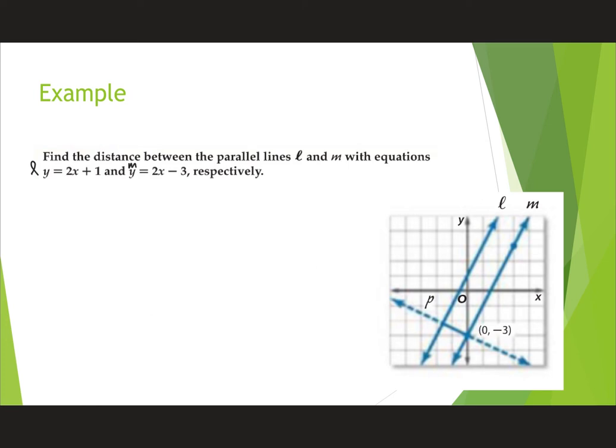Now, let's do a quick review of what it took to solve the last problem. Okay, our first step was we needed to find the equation of the first line, or the given line. Next we needed to find the perpendicular line, and this required a point, so this needed an extra point.